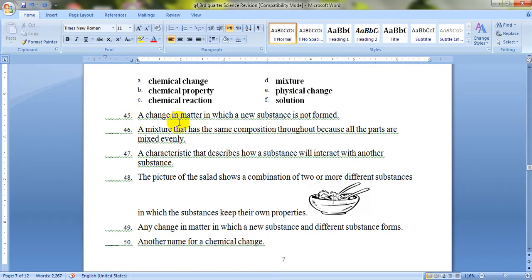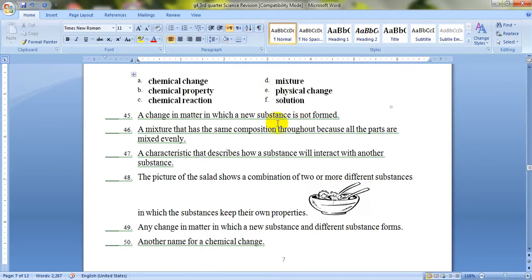A change in matter in which a new substance is not formed. We don't have a new substance. And here the question starts with a change. So, of course, it's not a property. We need to think about a change. But which change is it? Is it a chemical change or a physical change?